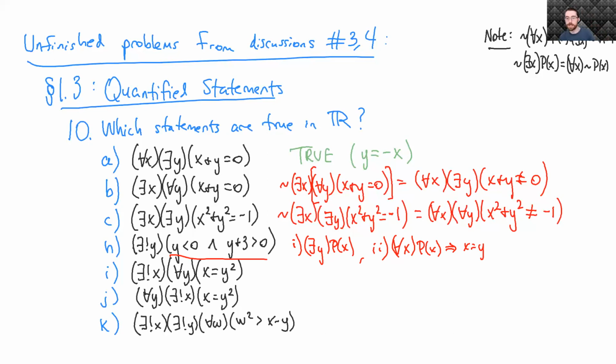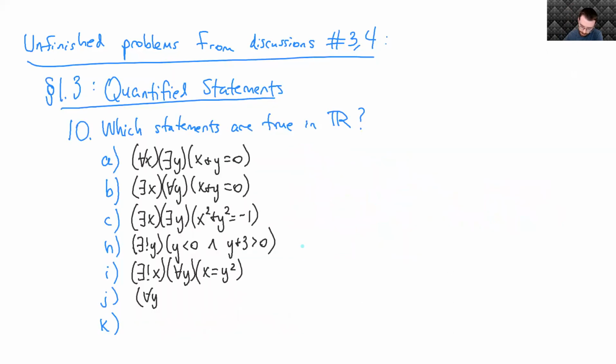That would imply uniqueness, right? If the set of all things where this property holds ends up just being the number y, then we have uniqueness. Okay, so let's go through and try to show each of these things.